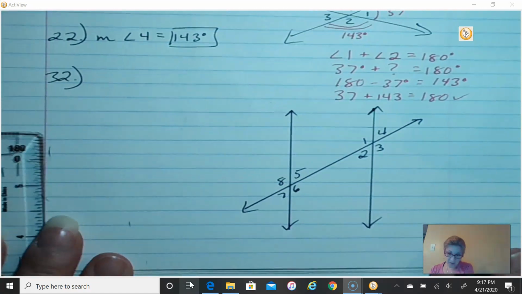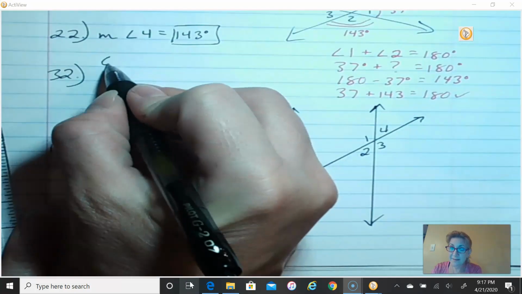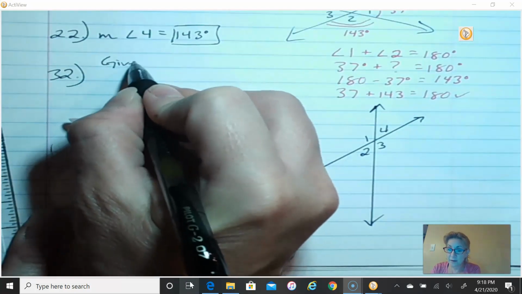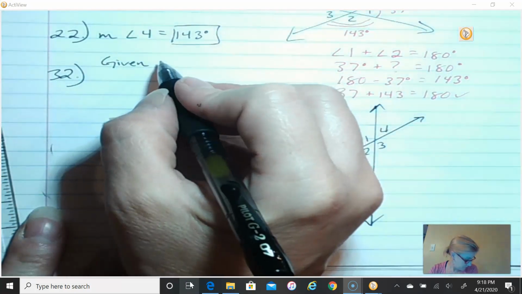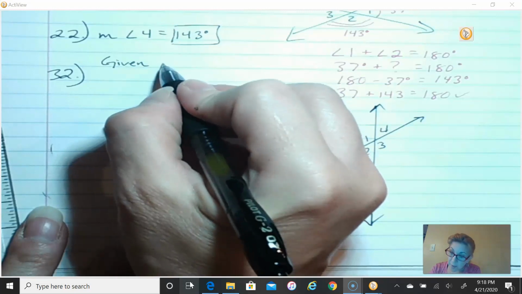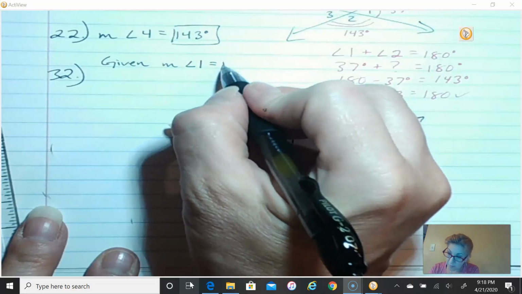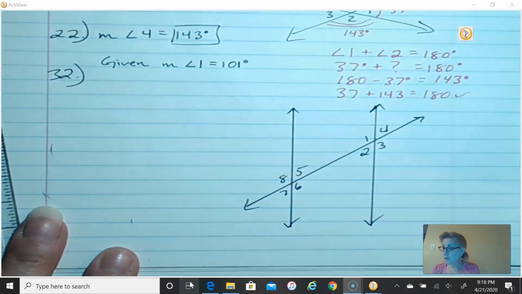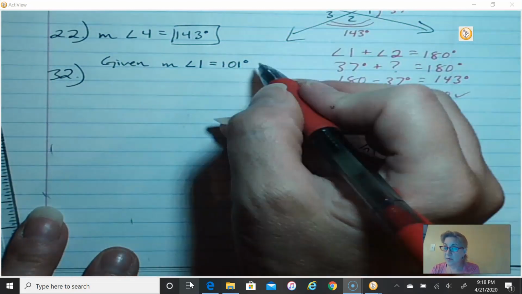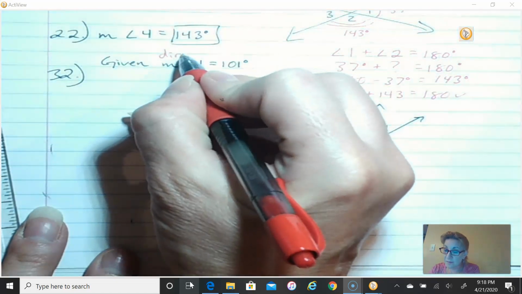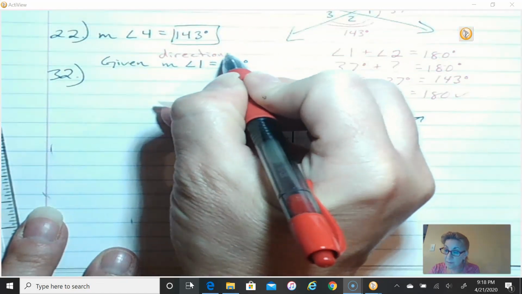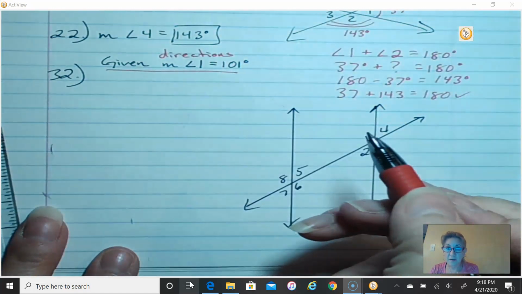In the directions, it said given the measurement for angle 1 is 101. This is in the directions.